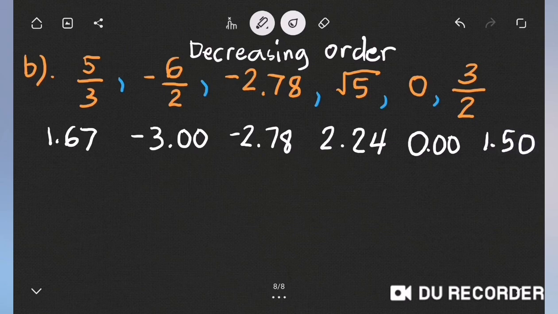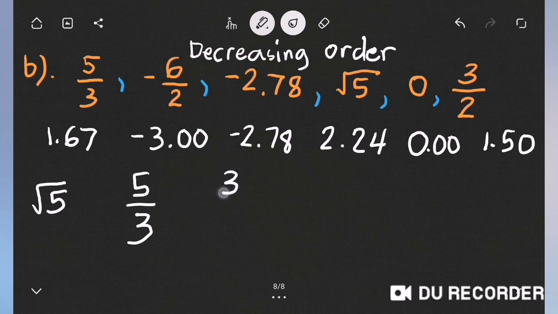Okay, so again, this time, decreasing order ang gagawin natin. Ang pinakamalaki muna ang uunahin natin. Among sa given, ang may pinakamalaking value ay square root of 5. Okay, kasunod ng square root of 5 is we have 5 over 3. Then, after 1.67, ang susunod natin ay 1.5.